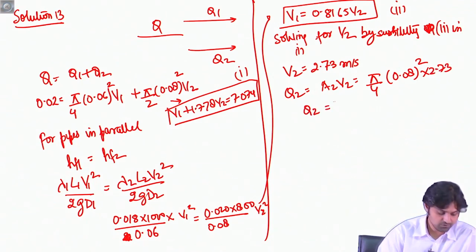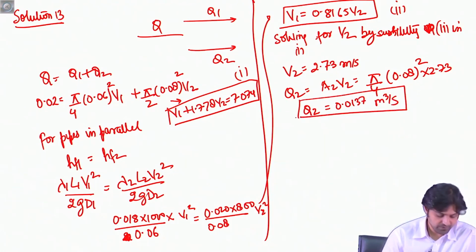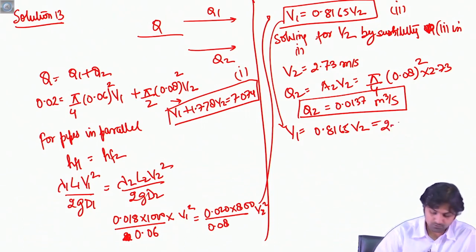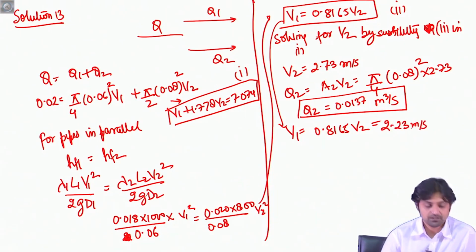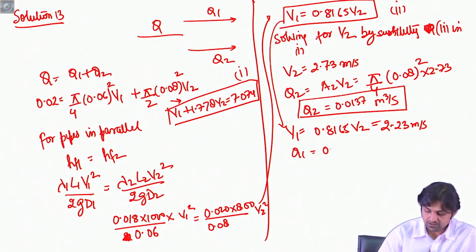So Q2 will come to be 0.0137 meter cube per second. Now, if we know V2, we can get V1 from here. V1 will be 0.8165 V2, which gives V1 as 2.23 meters per second, and therefore Q1, A1 V1, will give us 0.0063 meter cube per second.